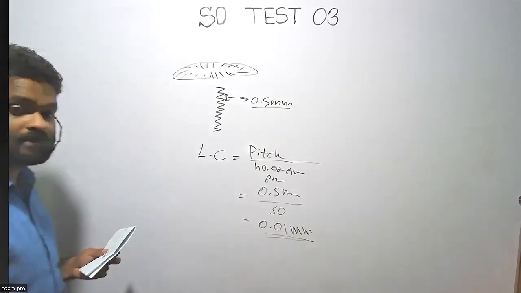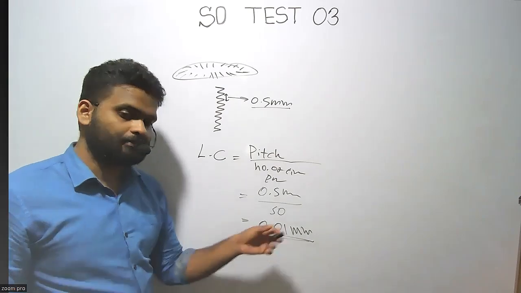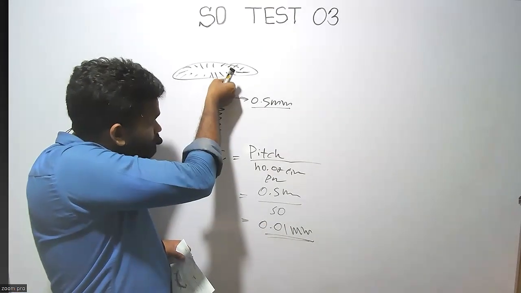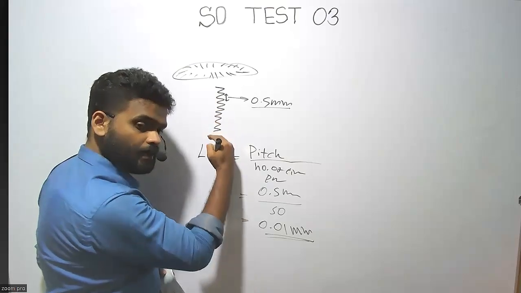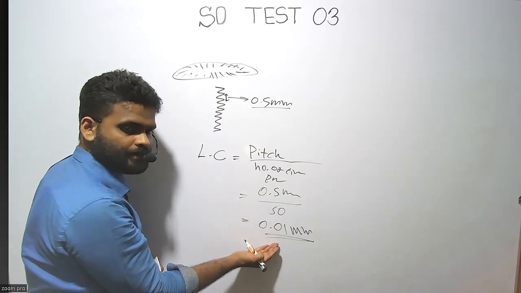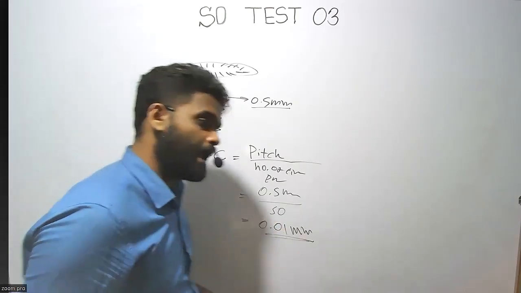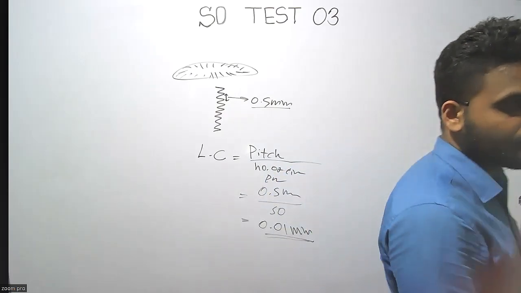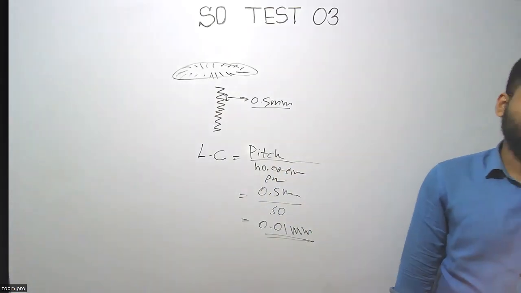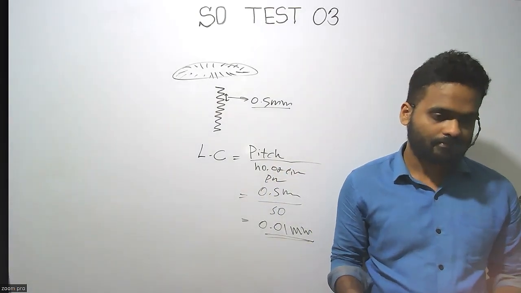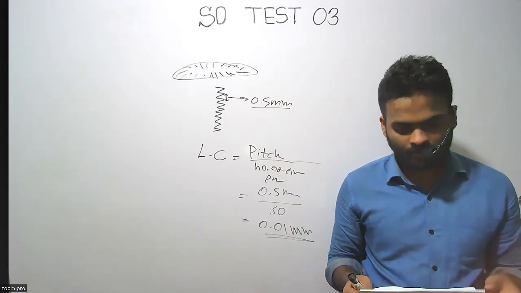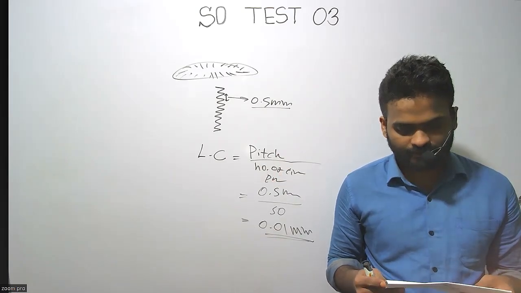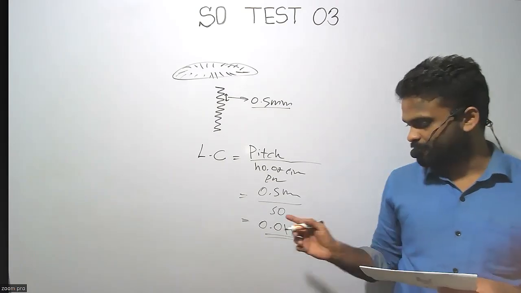So it is 1/100th of a millimeter. So when you slightly rotate it, it goes down this much, right? This is a very accurate measurement compared to a meter ruler and a vernier caliper. Okay, so the answer is 0.01 millimeter.